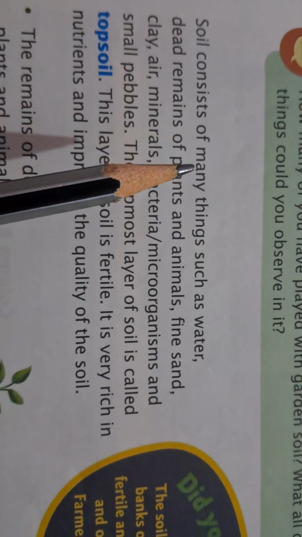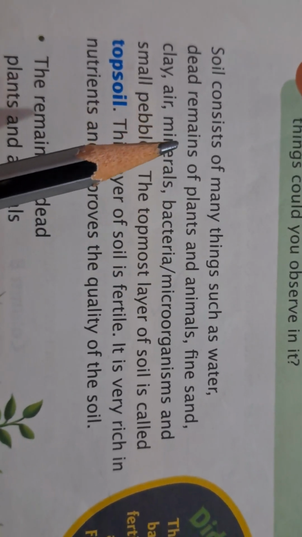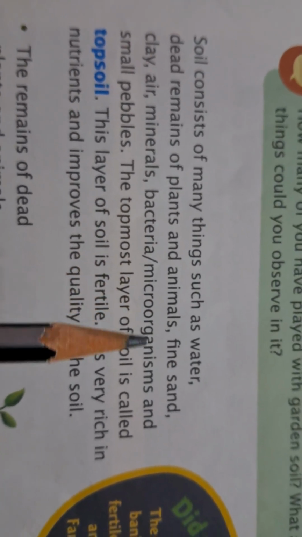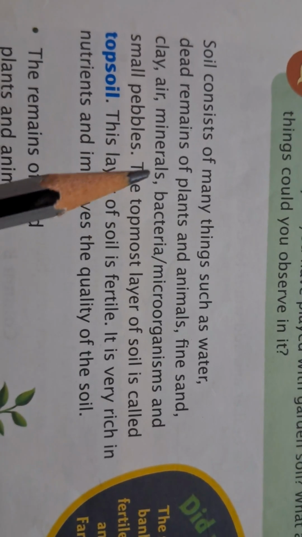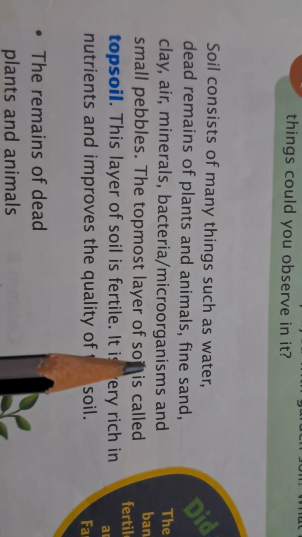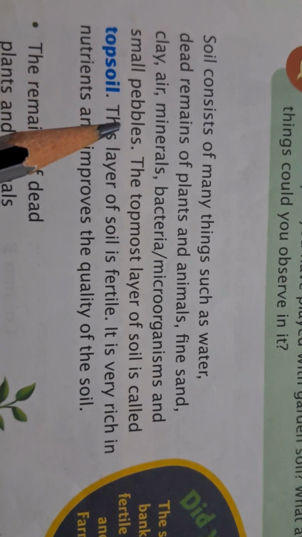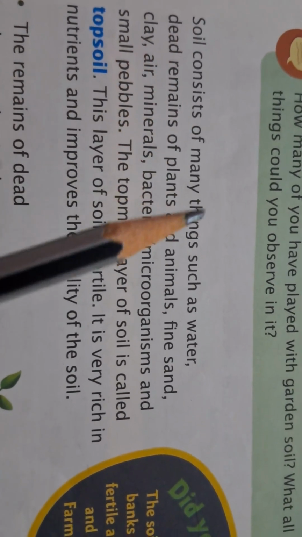Soil consists of many things such as water, dead remains of plants and animals, fine sand, clay, air, minerals, bacteria or microorganisms, and small pebbles also. So this soil is a mixture of what?